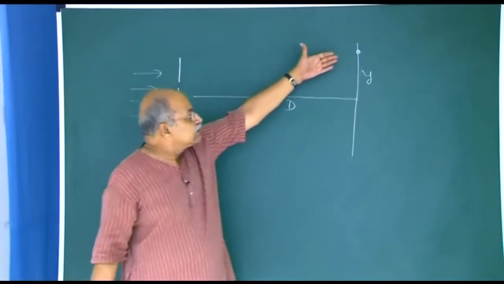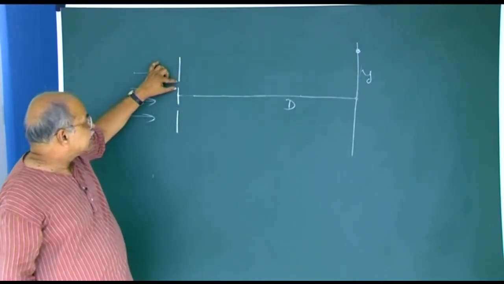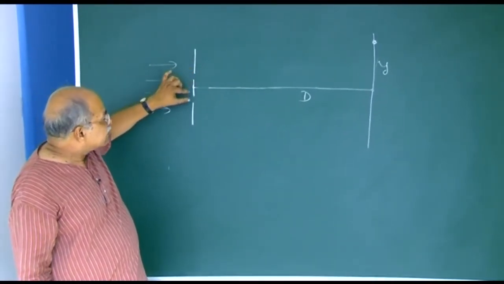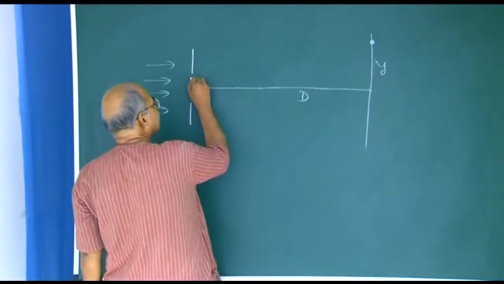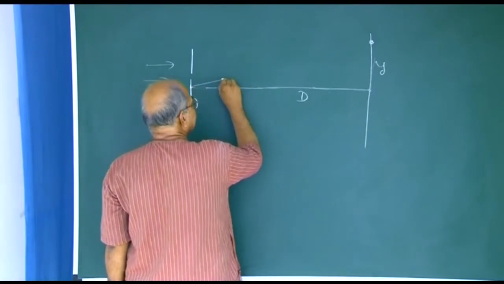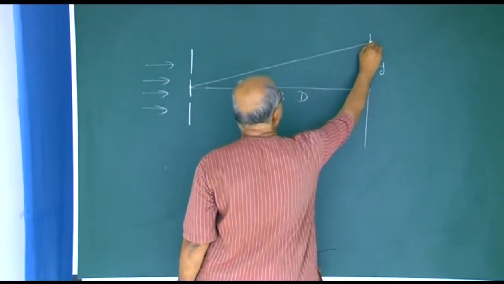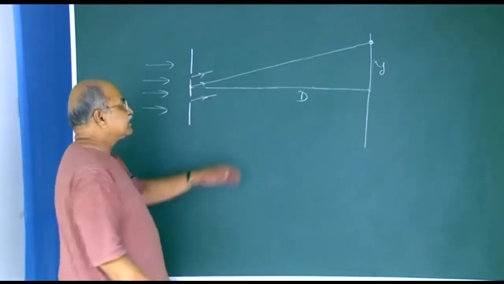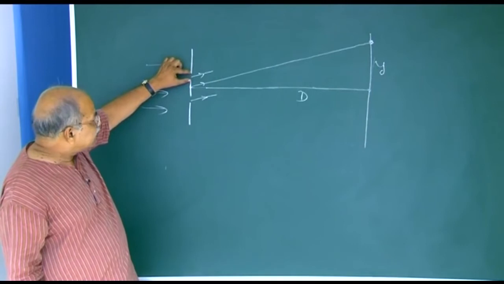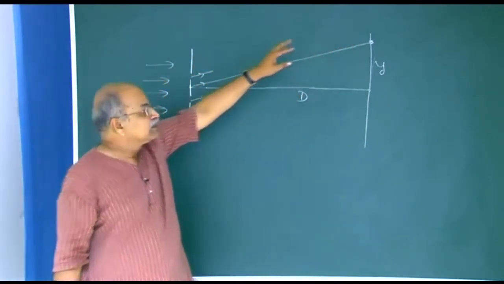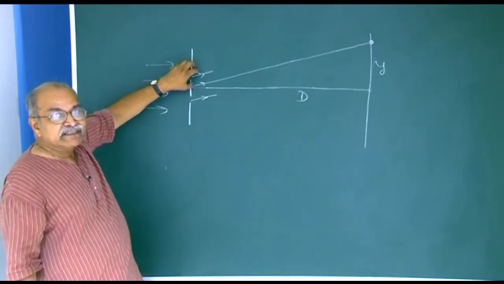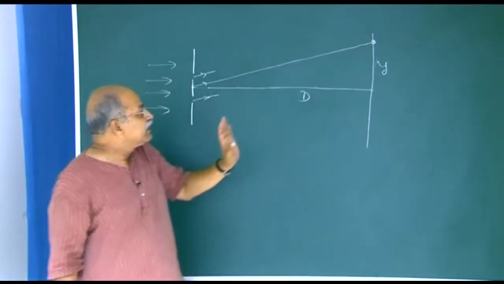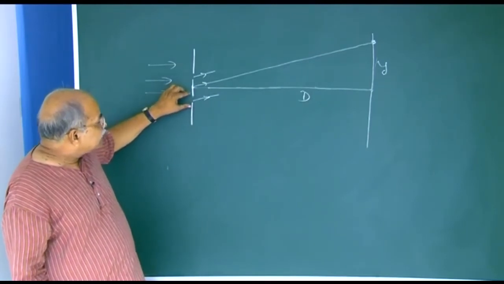Light reaches this point from the first slit and also from the second slit. How much intensity comes from the first slit and second slit? That depends on this width of the slit and then the angles. So from here light is going, from here light is going and reaching there. So from this slit, how much light is reaching here? That will be governed by the diffraction pattern created by this slit. And similarly, from the other slit, how much light is reaching this point will be dependent on the diffraction pattern of this second slit.